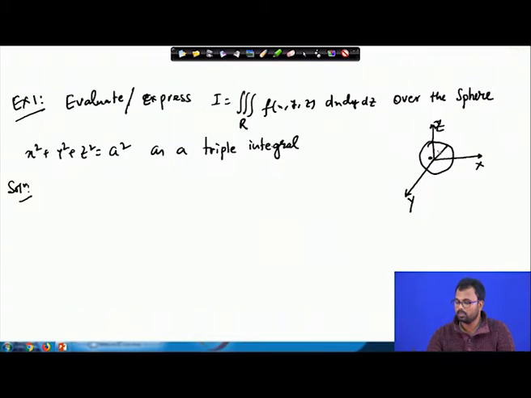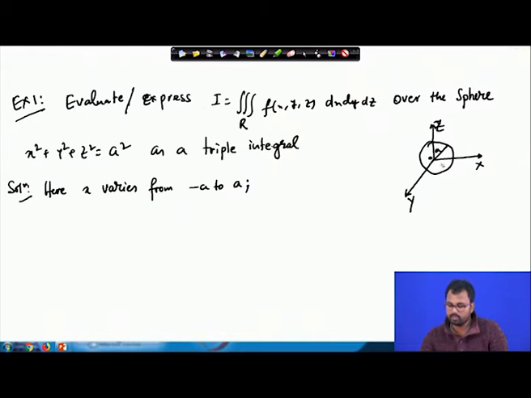This is the radius a, and it is a bounded region. We first have to find the limit for x. Here x varies from minus a to plus a.